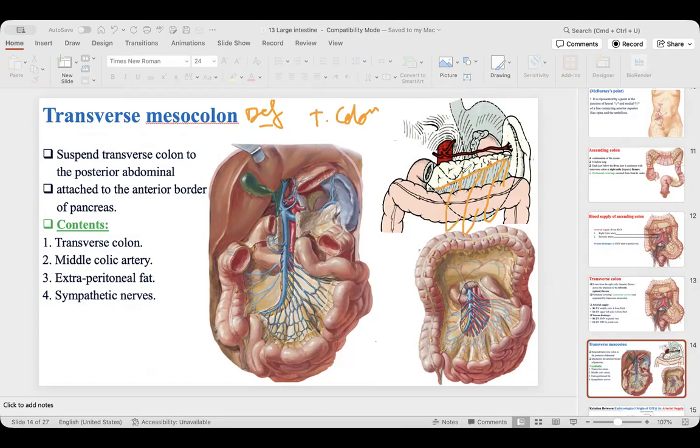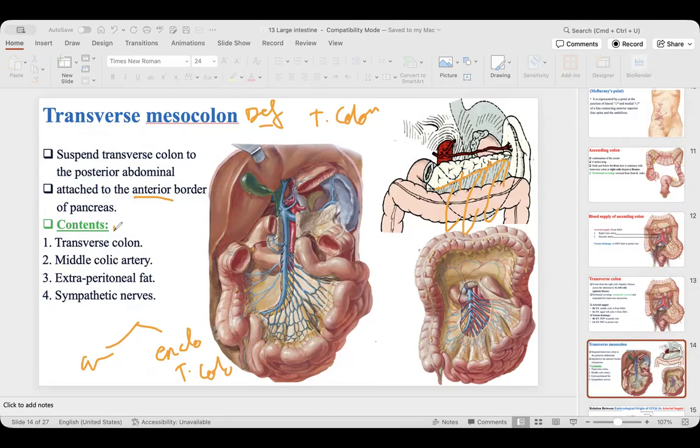So it has attachment to the anterior border of the pancreas and encloses the transverse colon in the free border. You have to mention what is meant by transverse mesocolon, a peritoneal fold of the transverse colon, and the attachment: attached to the anterior border of the pancreas and includes the organ itself, the transverse colon.